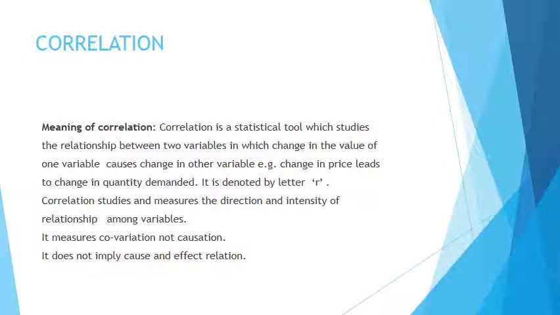For simplicity, we assume here that the correlation, if it exists, is linear. That is, the relative movement of the two variables can be represented by drawing a straight line on a graph paper.